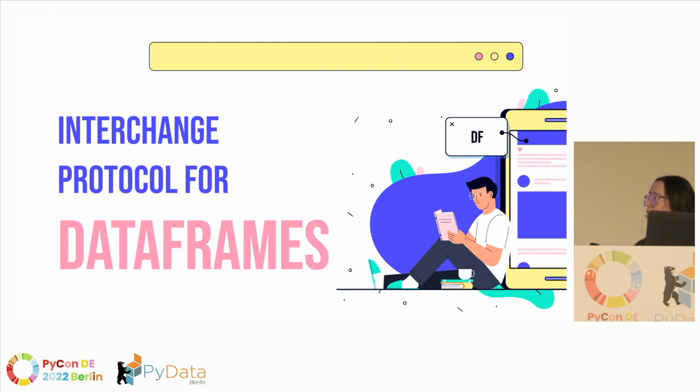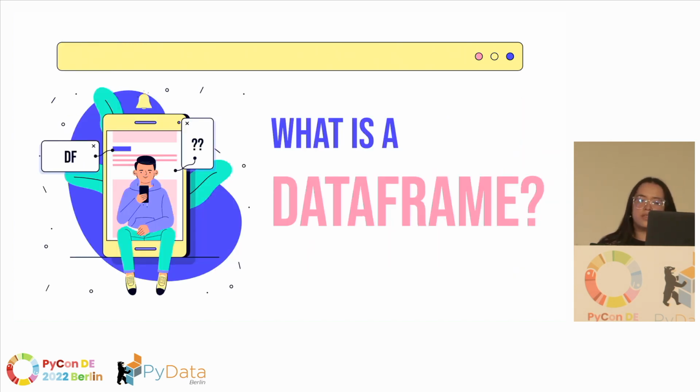Now I'm going to talk a little bit about the interchange protocol for data frames. The first question that I have is, what is a data frame? That was the first question you may need to answer for standardizing data frames. When you start to think about it, it is really hard to define what a data frame is, because it depends on the library you're working on.